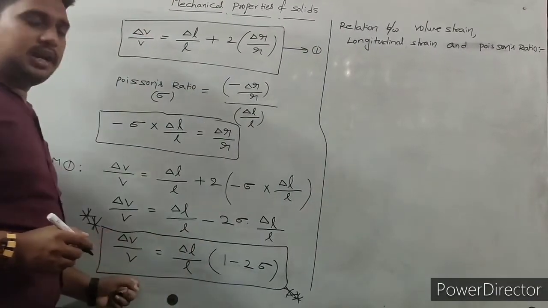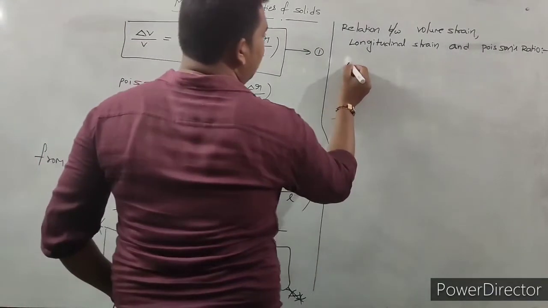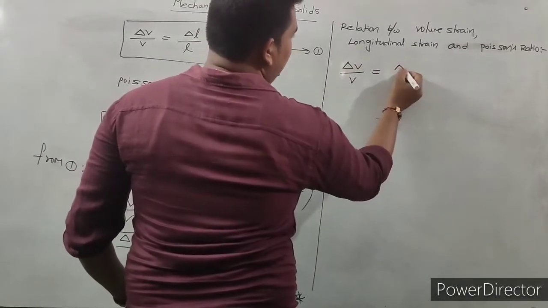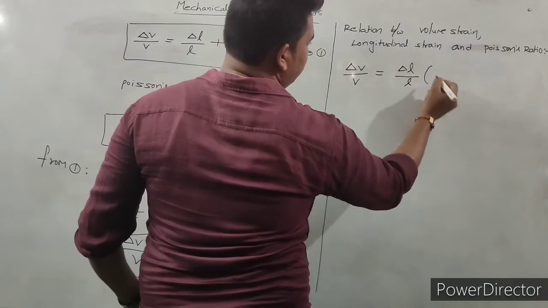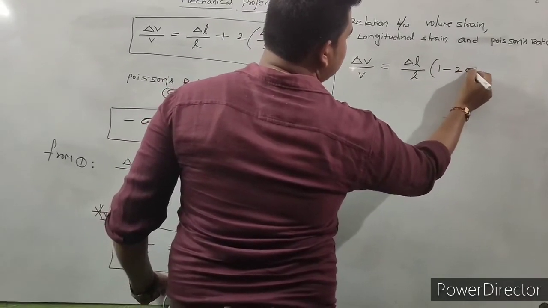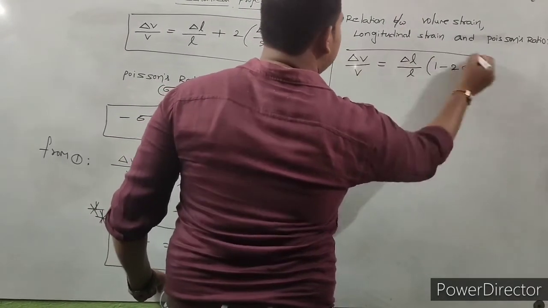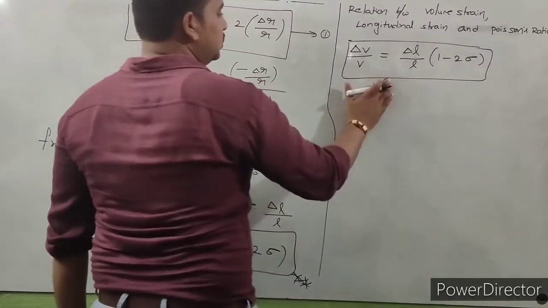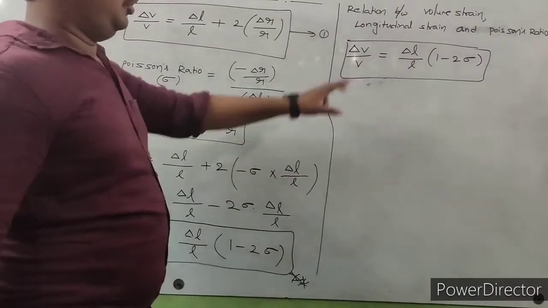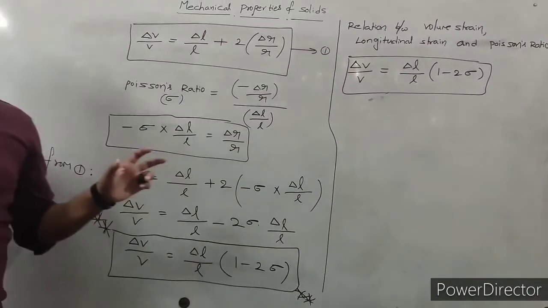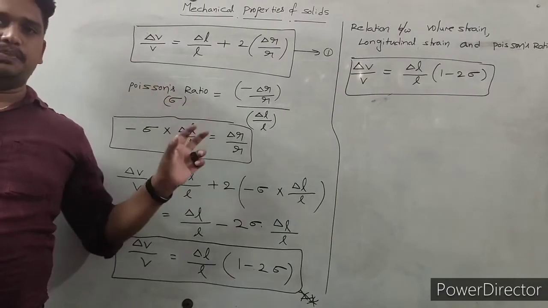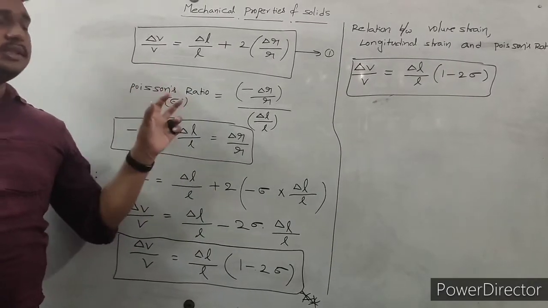So this is what we got here. Delta V by V is equal to delta L by L into 1 minus 2 sigma. So this is a relation. This is very, very important. We are using it to solve numericals. So this is the whole concept about Poisson's ratio. I hope you understood this.